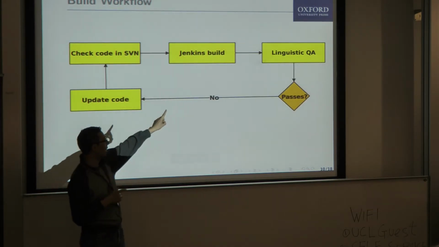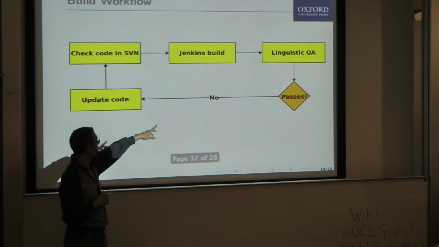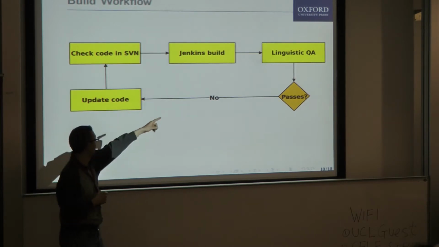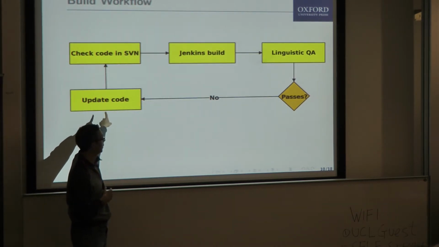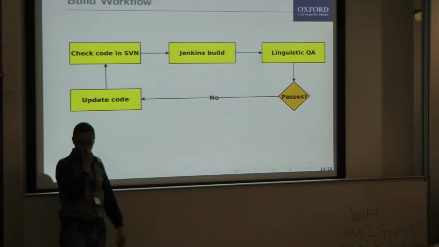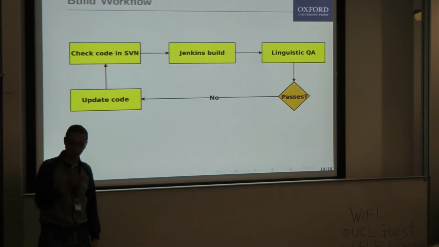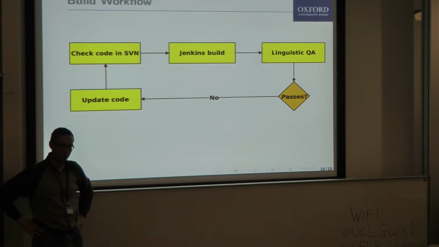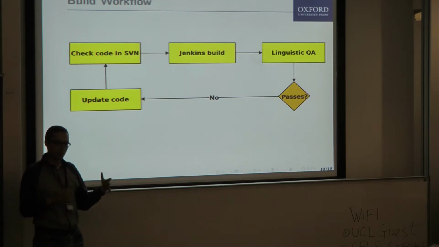Luckily, this step happens only once. Normally we go through an iteration process, especially for the code, but the linguistic QA is done only once. So do you just sample some entries and check if they're okay, or what's the process? The way we did it in our team, we first started with a sample, typically the first letter of a dictionary, letter A or whatever the first letter would be.